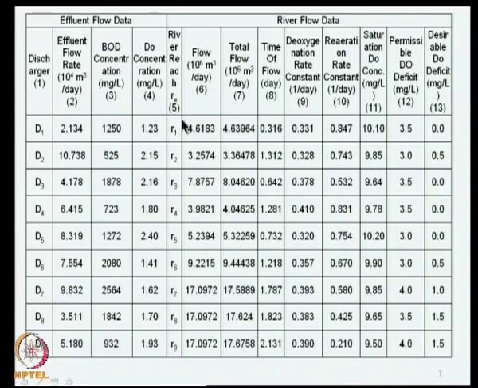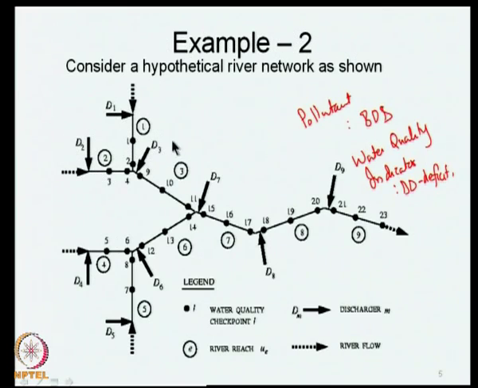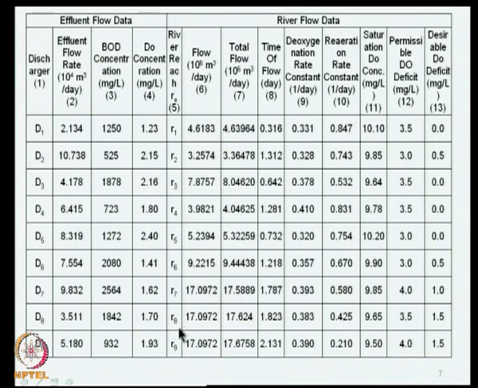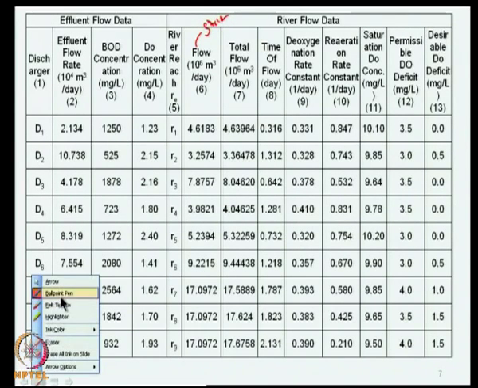Then you discretize this into river reaches. As I just said, you discretize these into river reaches R1, R2, R3, etc., up to R9. So, D1 is at the upstream of R1, D2 is at the upstream of R2 and so on. Then you have the stream flow. This flow is stream flow, and that is in million cubic meters per day.